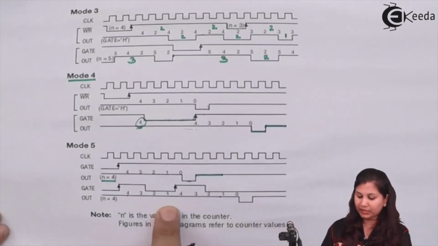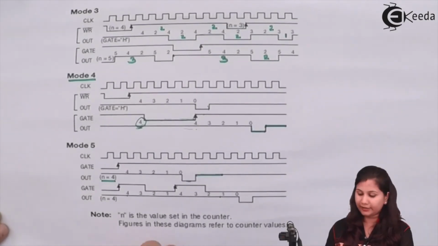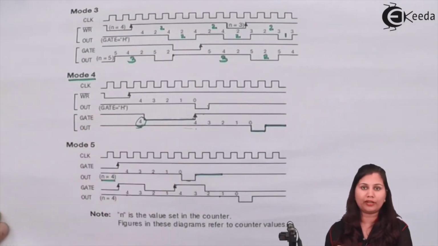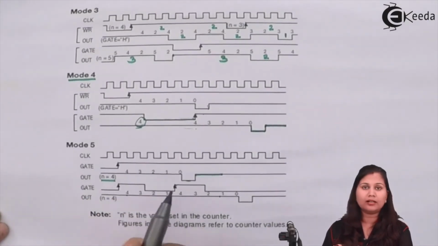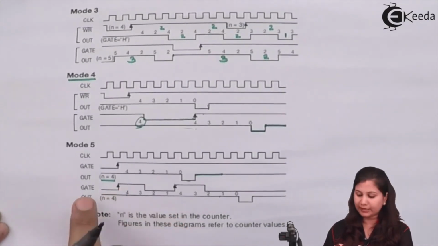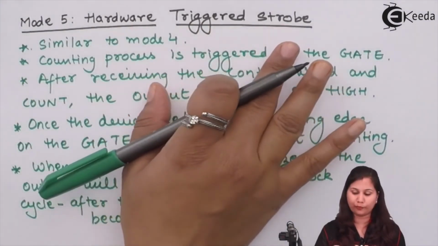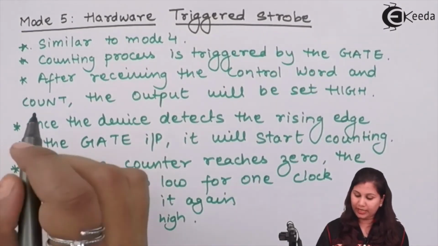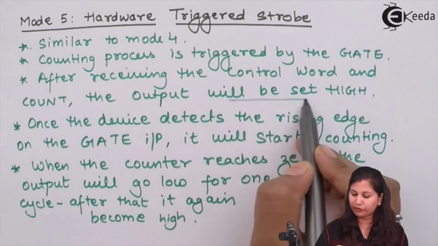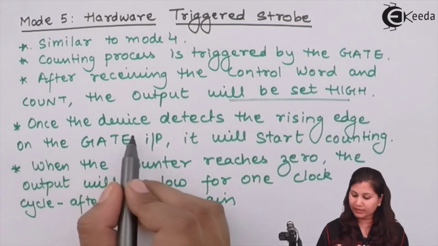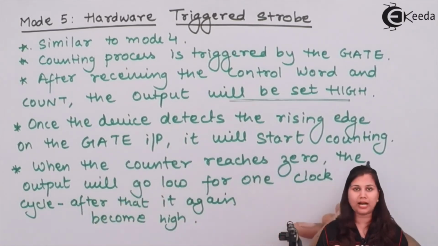So here you can see the difference between mode 4 and mode 5: in mode 4 triggering is provided through software instructions, and in mode 5 the triggering is provided by the hardware circuitry, that is the gate signal. That is why it is known as the hardware triggered strobe. Here I have written that after receiving the control word and count, the output will be set high. Then once the device detects the rising edge on the gate input, it will start counting.